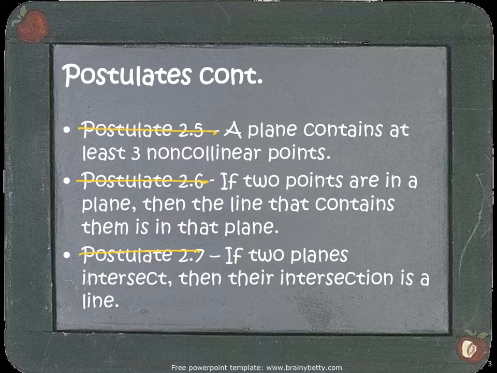Then the next one, if 2 points are in a plane, then the line that contains them is in that plane. So if I draw a plane here, and then if I add 2 points, then the line that goes through those 2 points is also going to be in that plane.